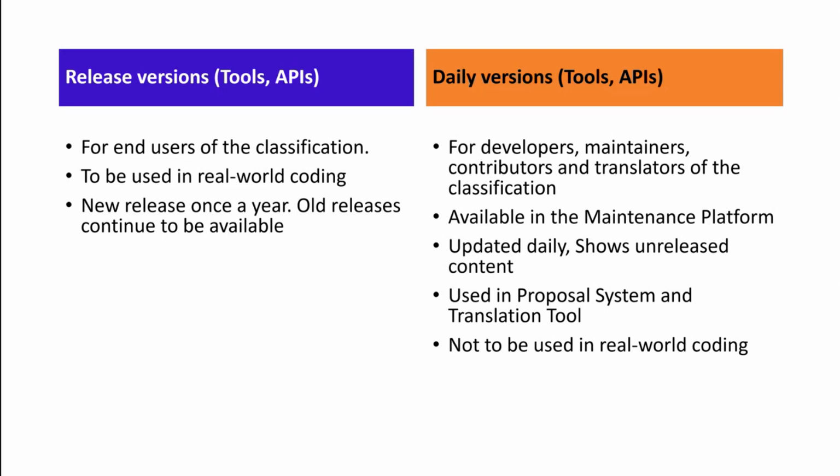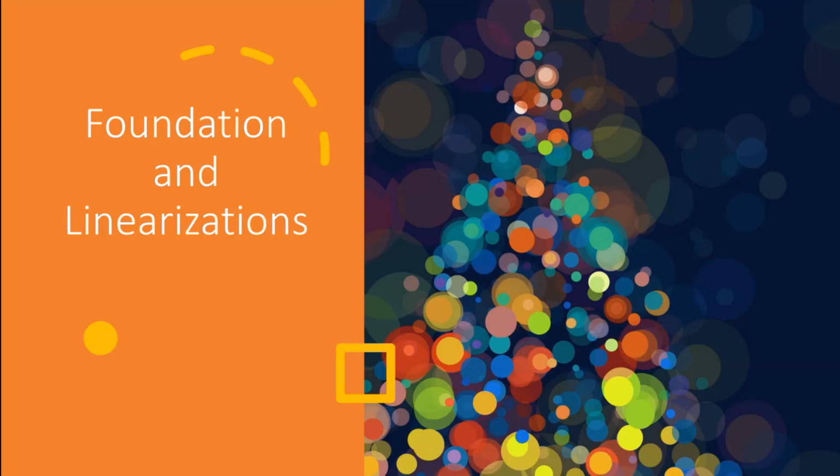Now I will jump to another concept, which is not directly linked to the maintenance platform. It's somehow linked because we always talk about the foundation, which is the underlying large terminology, and then the linearization, which is the classification that we have. Since we show the foundation only in the maintenance platform, sometimes the association is made that the foundation is only for the maintenance platform.